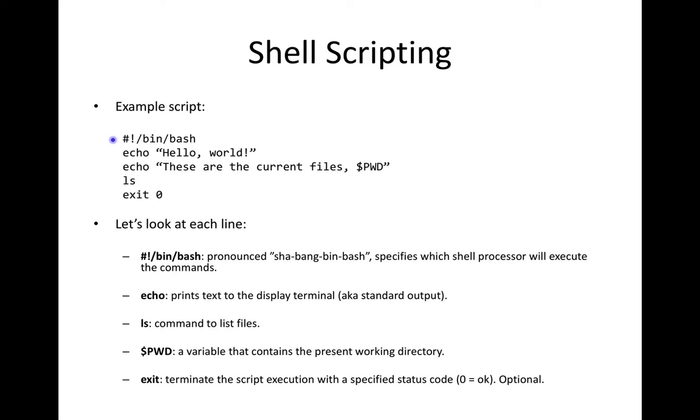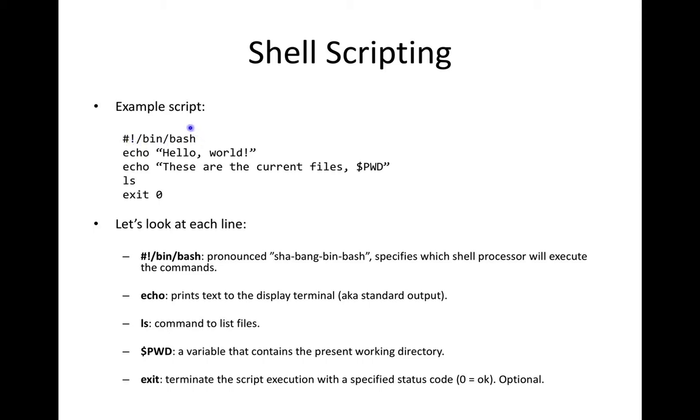This first line looks a little weird to most people that aren't familiar with shell scripts. The way we read this line is we call this the shebang bin bash line. It starts with this hash character and then an exclamation point, which we call the bang character, /bin/bash. This first line is really important.